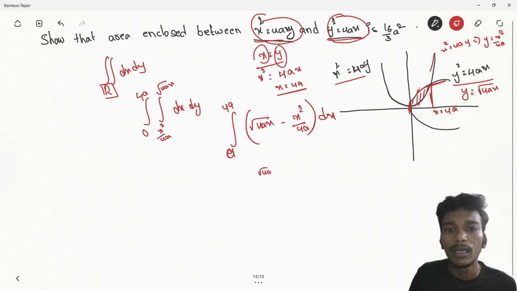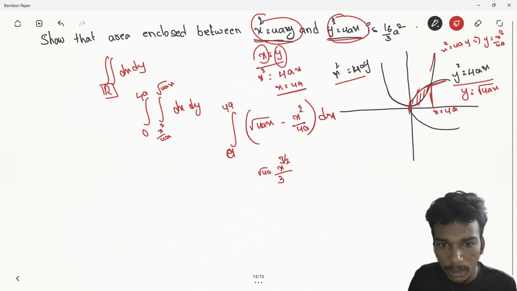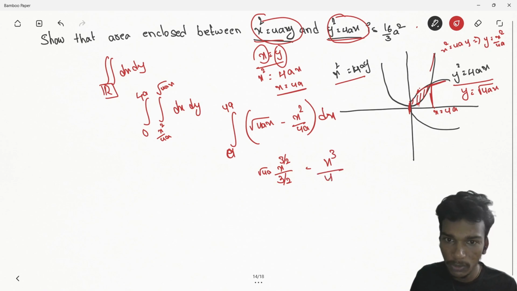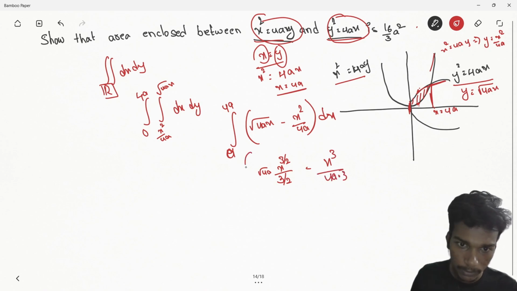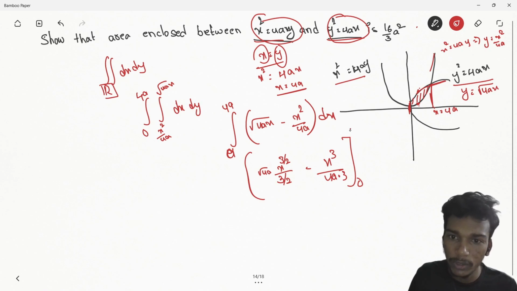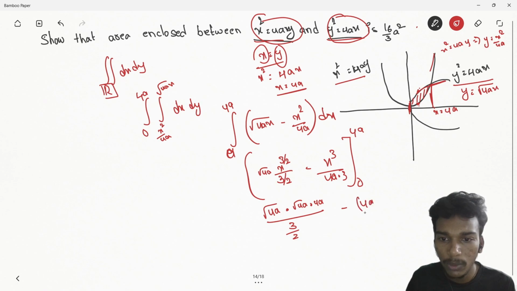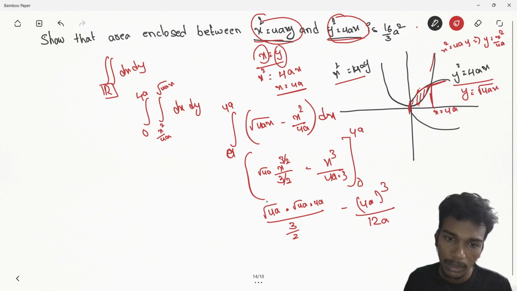If I integrate root x, I'm going to get x power 3 by 2 divided by 3 by 2, right? x power n plus 1 by n plus 1, it's a basic formula. And x cube by 4a into 3 between the limits 0 to 4a. I will substitute the limits directly: under root of 4a into 4a power 3 by 2 divided by 3 by 2 minus 4a whole cube by 12a.